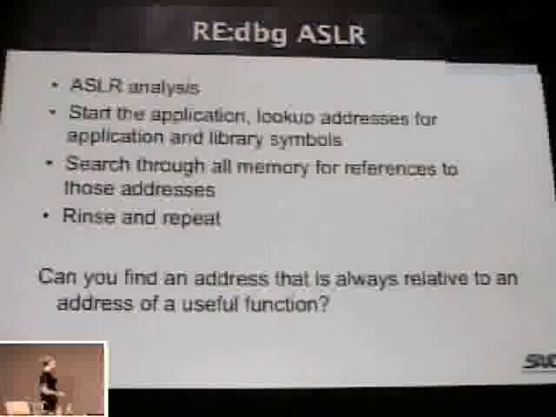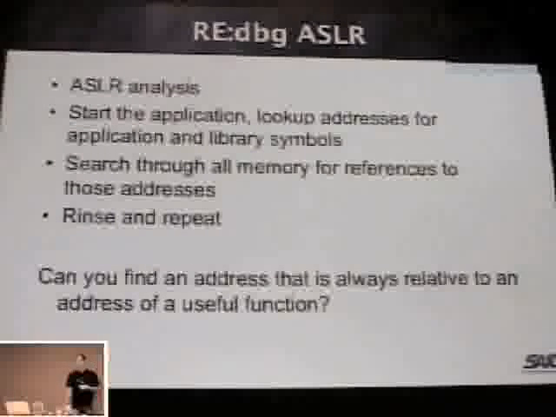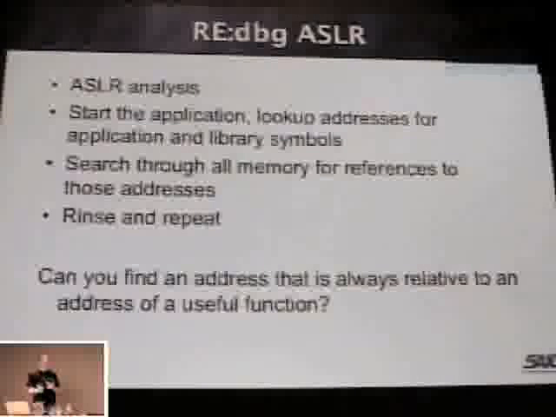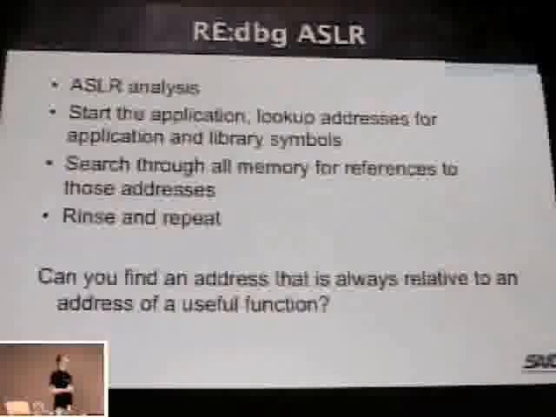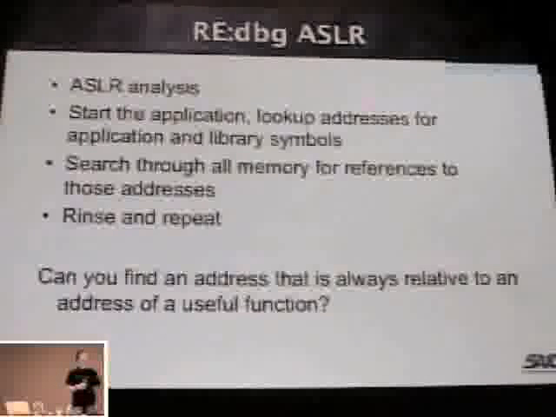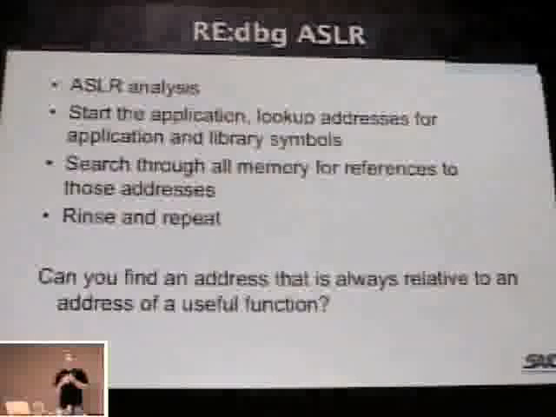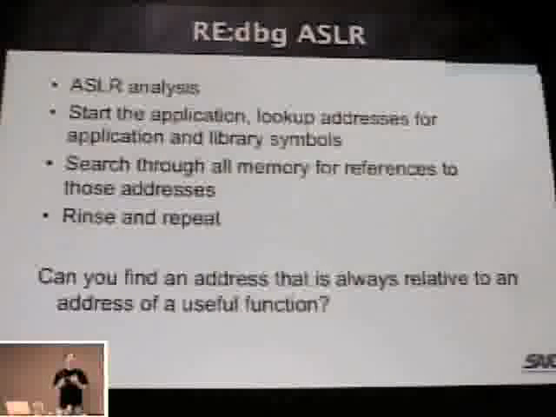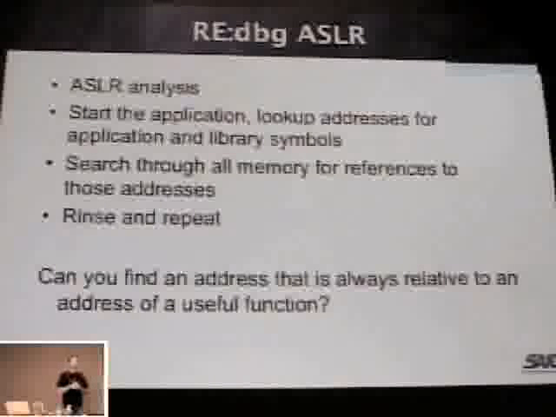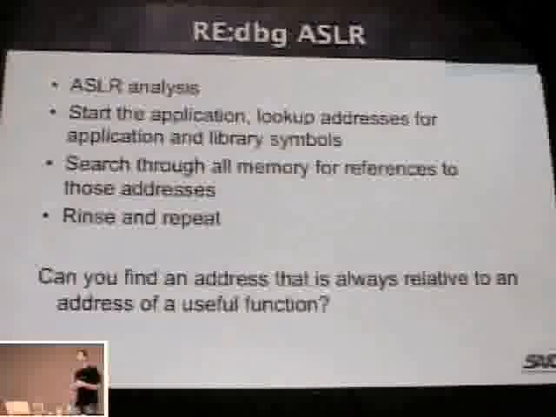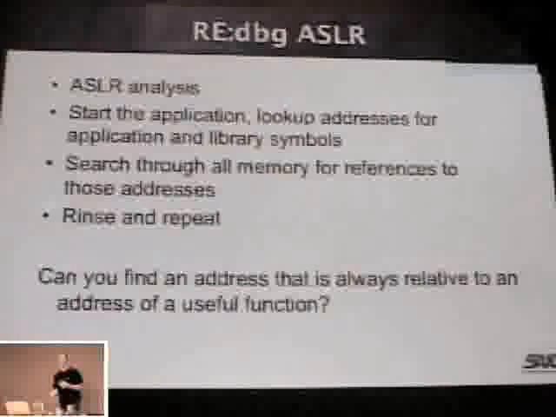Also, there's something funky about Apple's ASLR implementation. Not everything's random, and it's not clear when things change or get re-randomized. So it'd be cool if we could load up an application and do a bunch of symbol resolution to find out where all the addresses of certain functions or certain libraries are. And then search through memory to see if we can find a value somewhere that references that function or that library, or some value that's relative to that library.